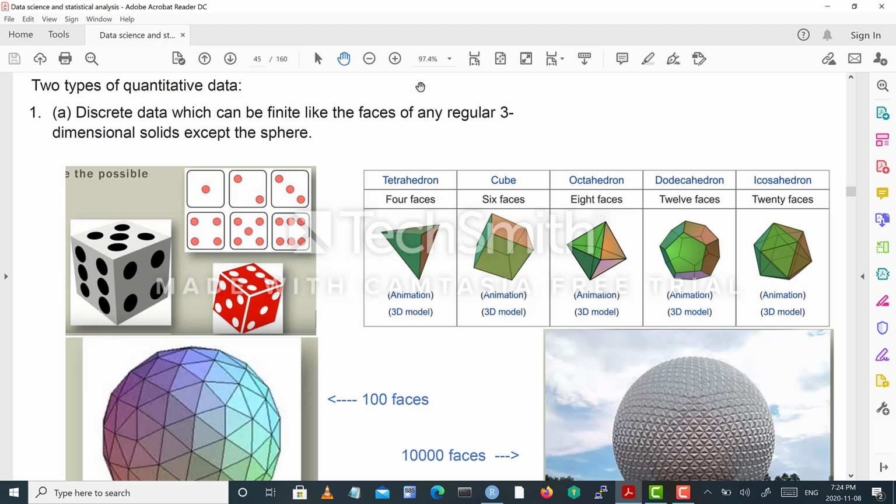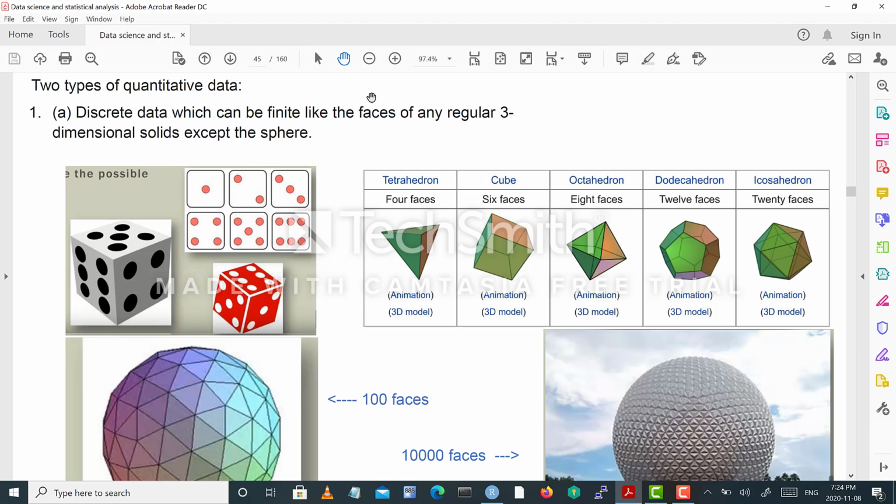We have two types of quantitative data. The first one is discrete, which can be of two types itself. Part A is discrete data, which can be finite, like the faces of any regular three-dimensional solids except a sphere.